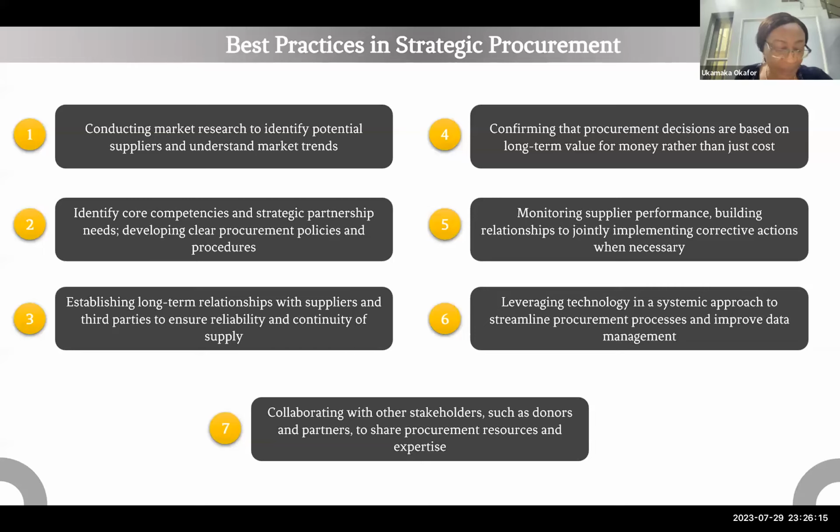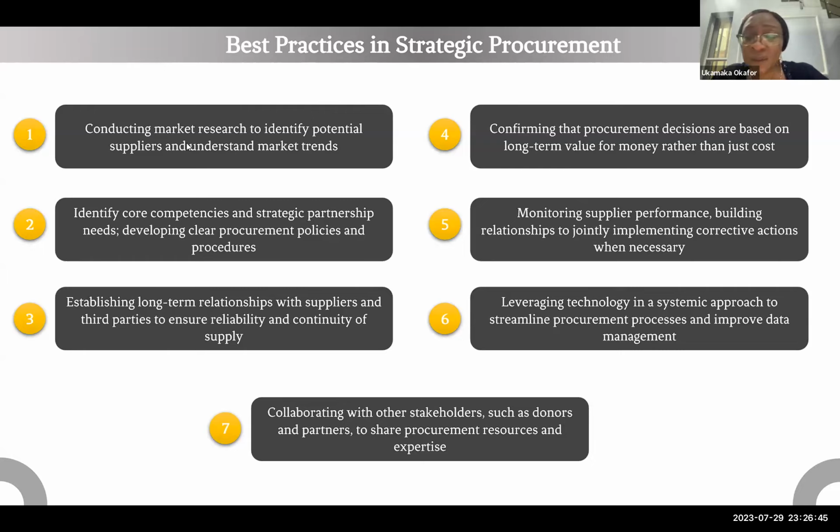So in this case, there can be contracts like rate contracts, where they can say, okay, this has to be the price for a long time, provided you're buying a particular minimum quantity of their products. And then they also have to confirm that procurement decisions are based on long-term value for money rather than just cost. So you need to talk about the long-term value for their money and not just the cost of the product at that particular time.